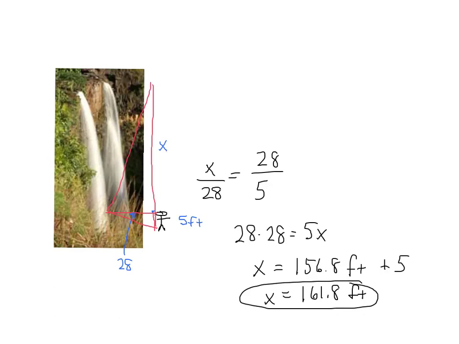And so there's a case of how we might be able to use our geometric mean theorems in order to find the measure of what we might consider an immeasurable object. You couldn't use a tape measure and measure the height of the waterfall, but by taking a couple of measurements and creating some right triangles, we could actually pretty closely find the height of the waterfall.